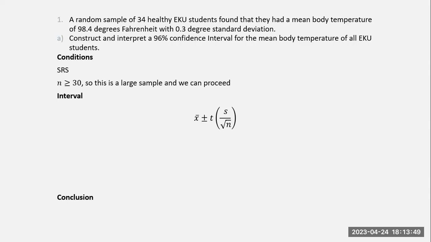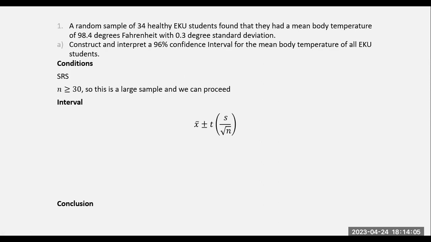Now, the T, we need our calculator for. Does anyone remember what button on the calculator? Inverse T is right. Let's see if I can get my calculator here to show you. Go ahead and try to find what it is while I'm bringing up the calculator.